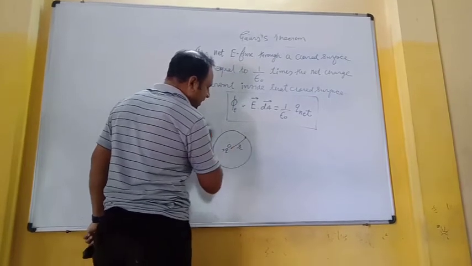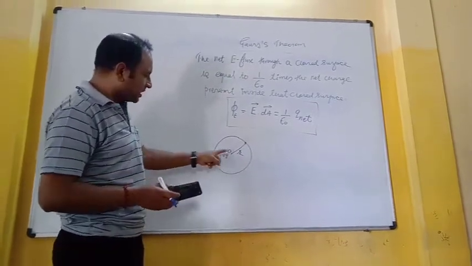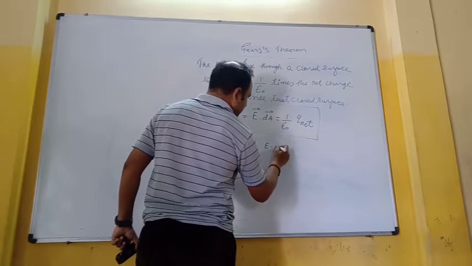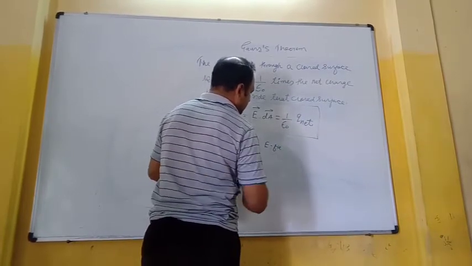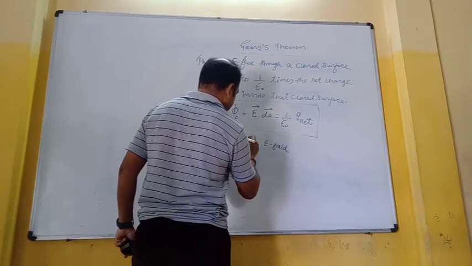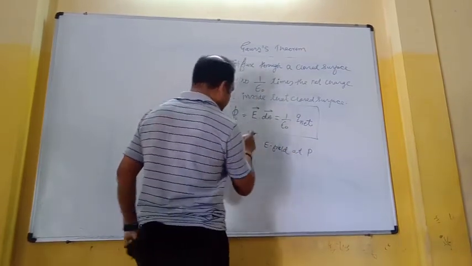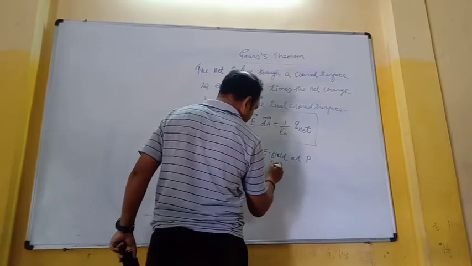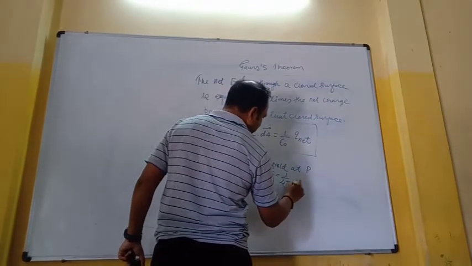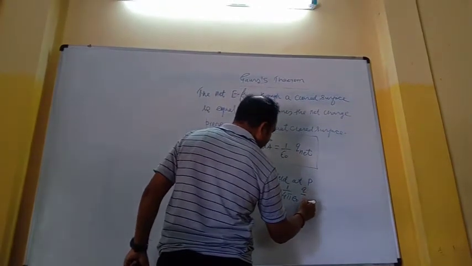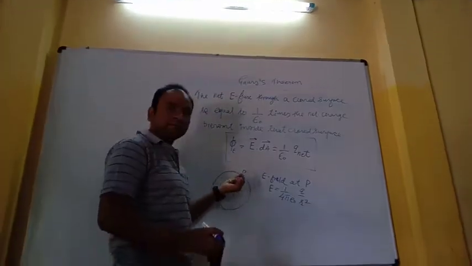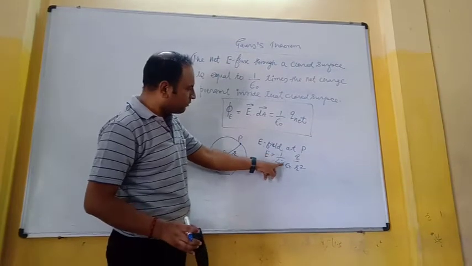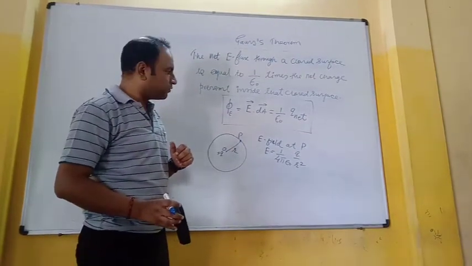If I consider R as the radius of that sphere, then the electric field intensity at this point P, this P is my observation point, from Coulomb's law I can very well write E is equal to 1 upon 4 pi epsilon 0 Q divided by R square, because here I have kept a unit positive charge, and therefore the electric field intensity at this point because of this source charge would be given by 1 by 4 pi epsilon 0 Q upon R square, right?